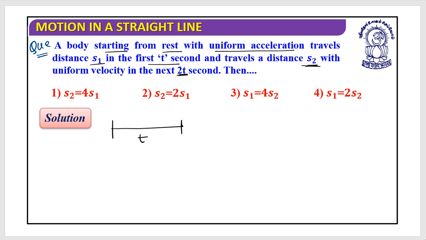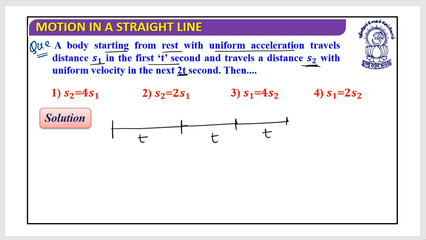If I have a look, this is t, this would be again t, this would be again t. They tell me the body moves with uniform velocity in the next 2t seconds.